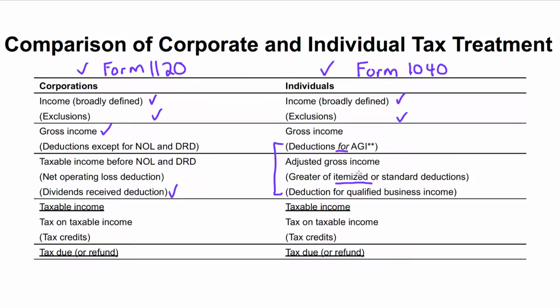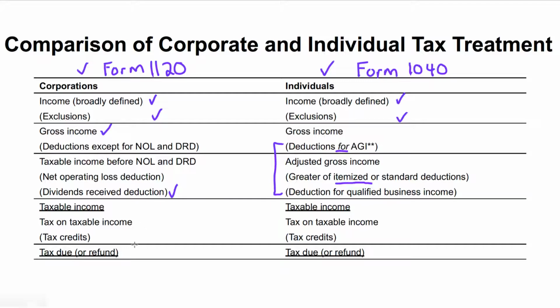The second is that when you have a below the line deduction, generally speaking, itemized deductions, not the deduction for qualified business income under Section 199A, it's the greater of the itemized deductions allowed or the standard deduction. You don't have that issue with the above the line deductions. So again, we don't have that same breakdown and dichotomy with respect to above and below the line deductions for corporations. That gives us taxable income.